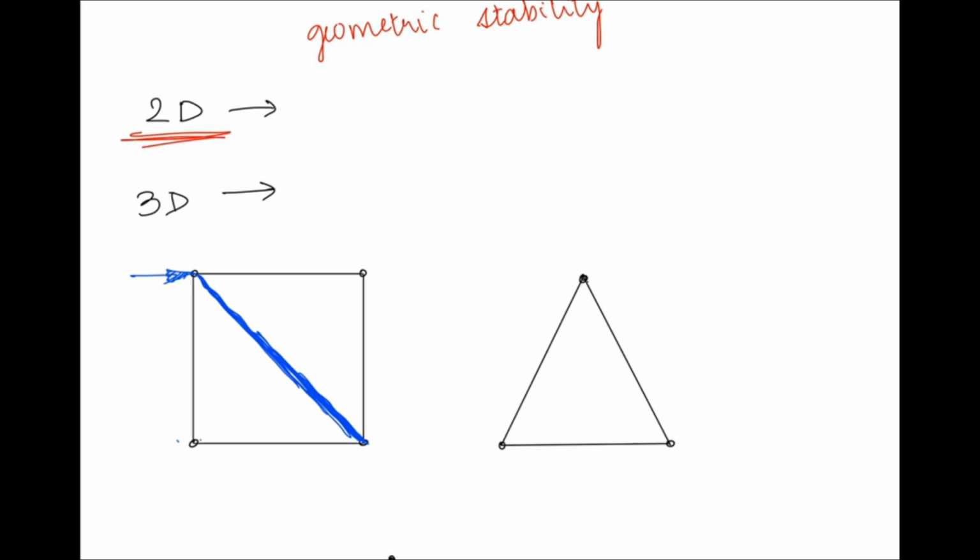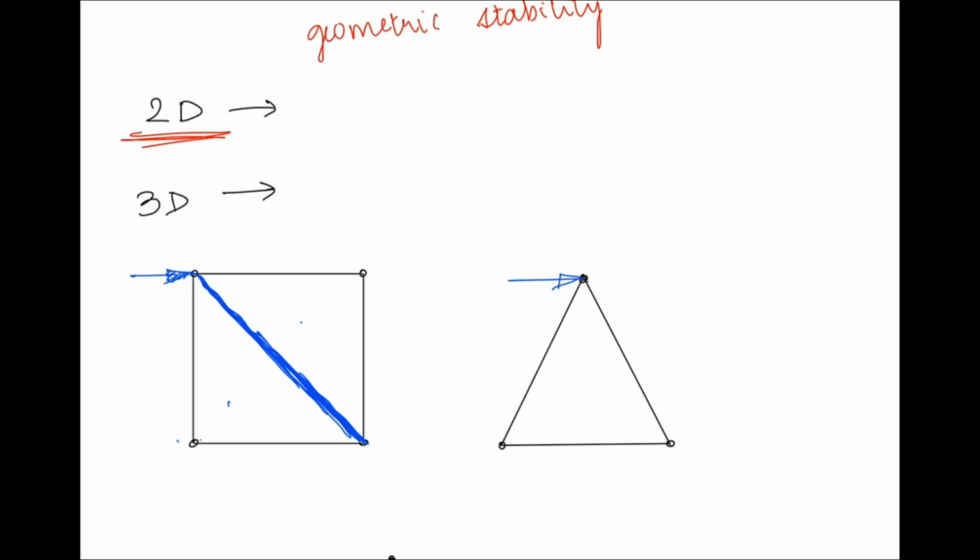So what you see over here is two triangles formed. Why is that? Because a triangle is considered the strongest shape to support loads. So if you apply this same push on this, the structure will be stable. It won't fail so easily.